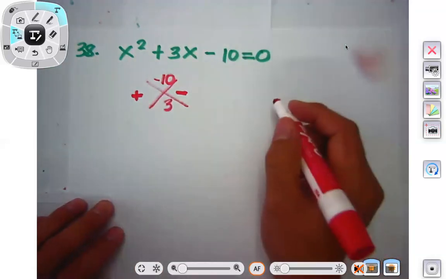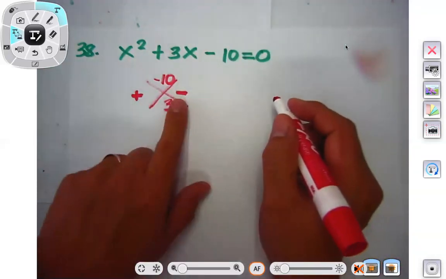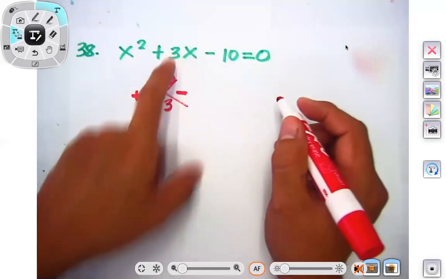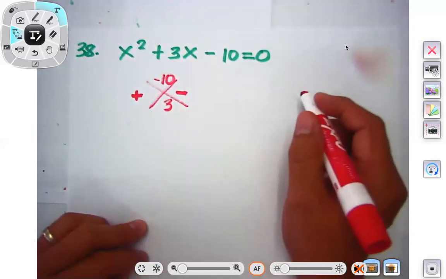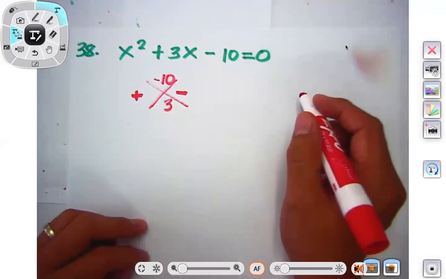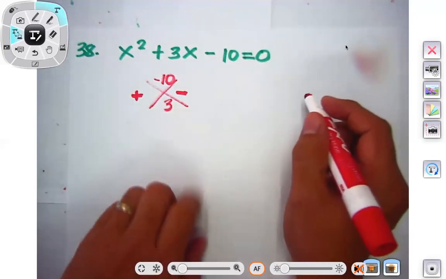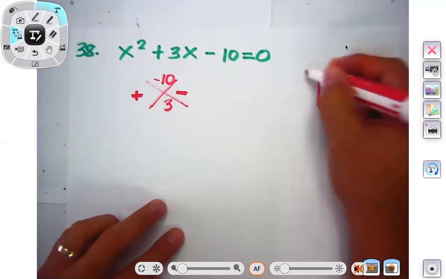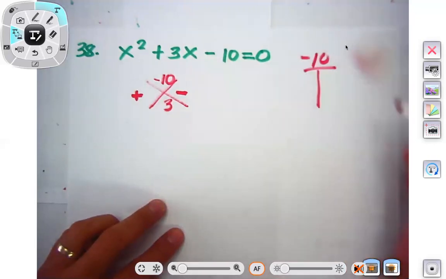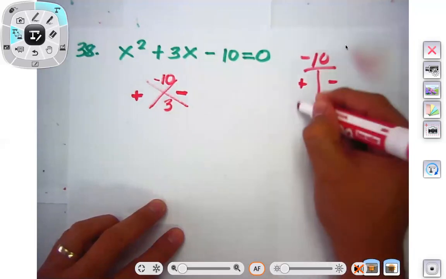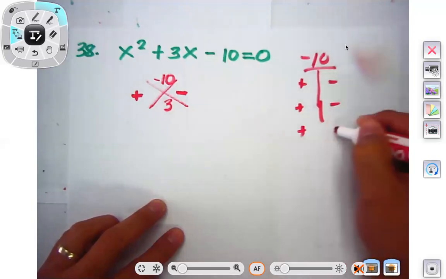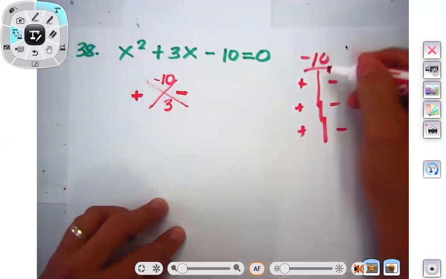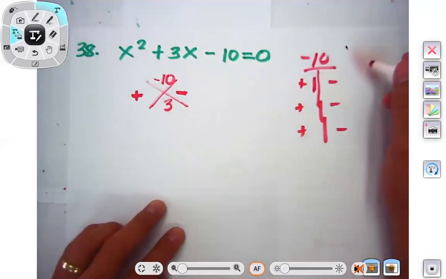Now let's try this. What are the factors of negative 10 whose sum is 3? You can try out all those. We already know it's positive, negative. If we divide 10 by 1, you get 10.